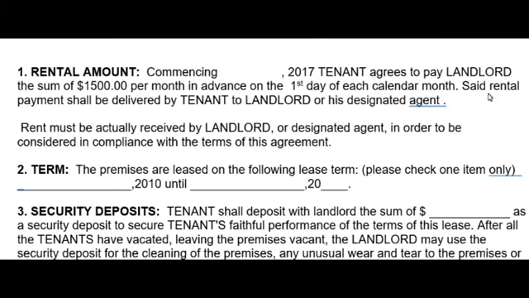Said rental payment shall be delivered by tenant to landlord or their designated, I guess his or her designated agent. Rent must be actually received by landlord or designated agent in order to be considered in compliance with the terms of this agreement.